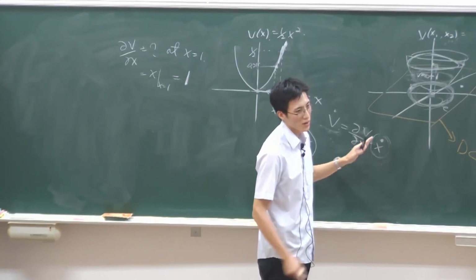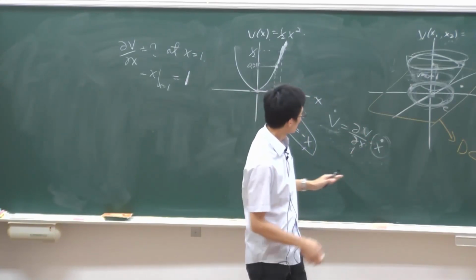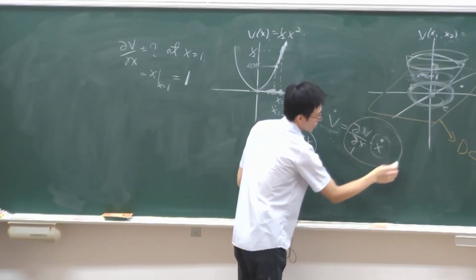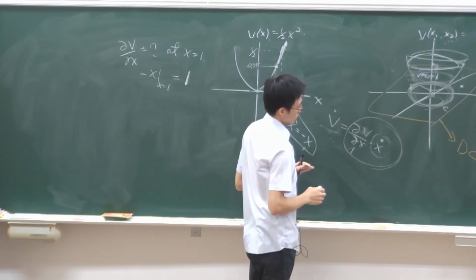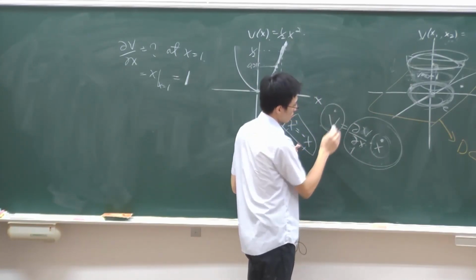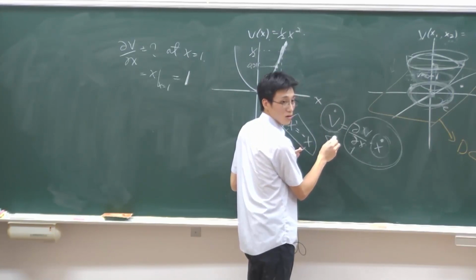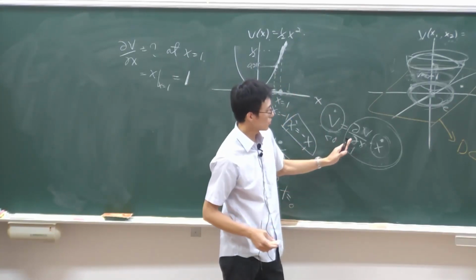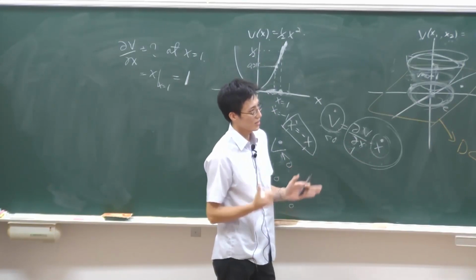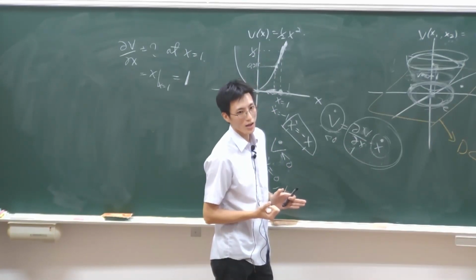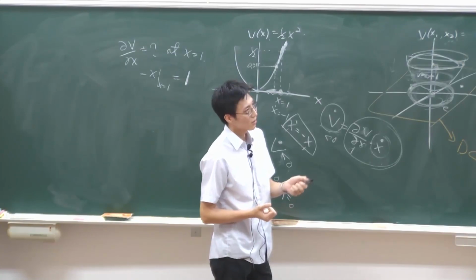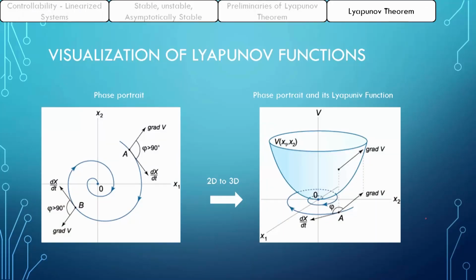If you take the dot product and you want it to be negative, it means the two have to be in opposite directions. Given this kind of function, the gradient points outwards.